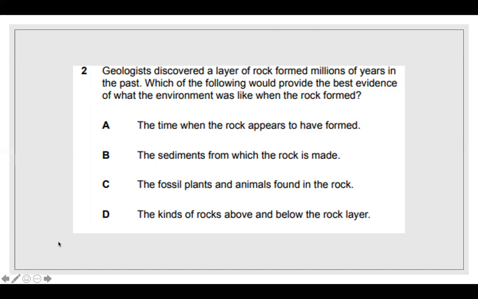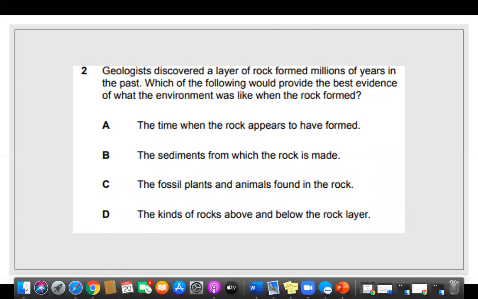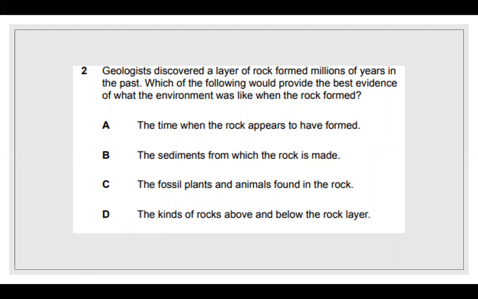So when we think about rock formation, we also think about the plants and animals that live there too, because again, from the last question, those plants and animals help us know what was there before versus what is there now. So we're looking for an answer that specifies plants and animals.